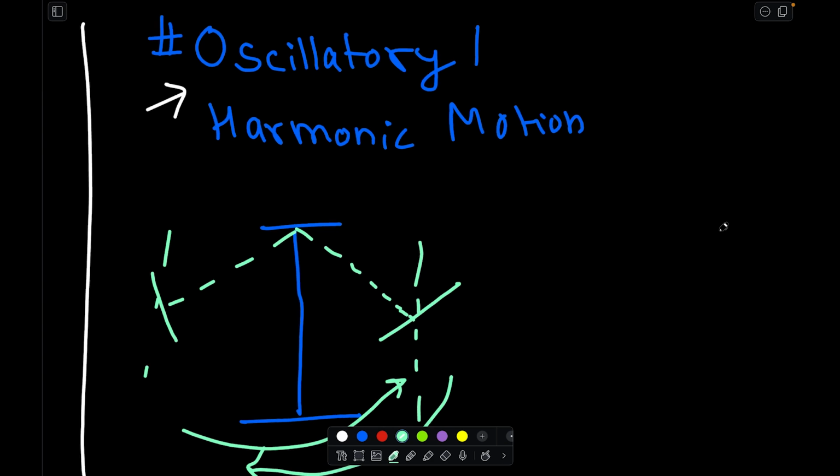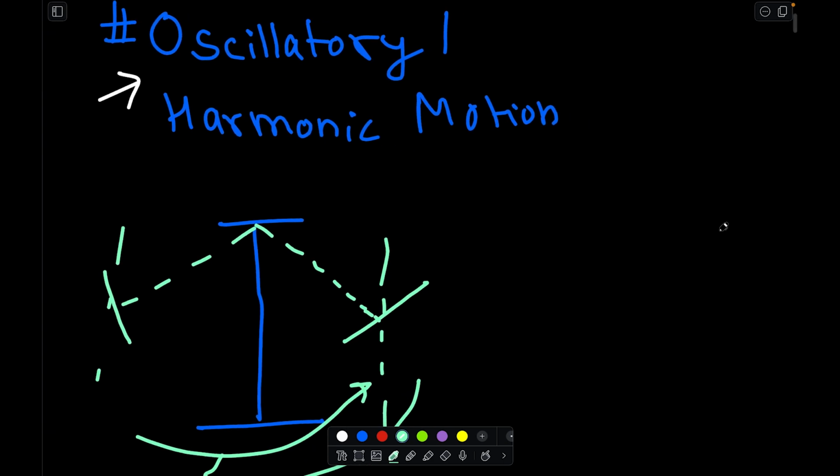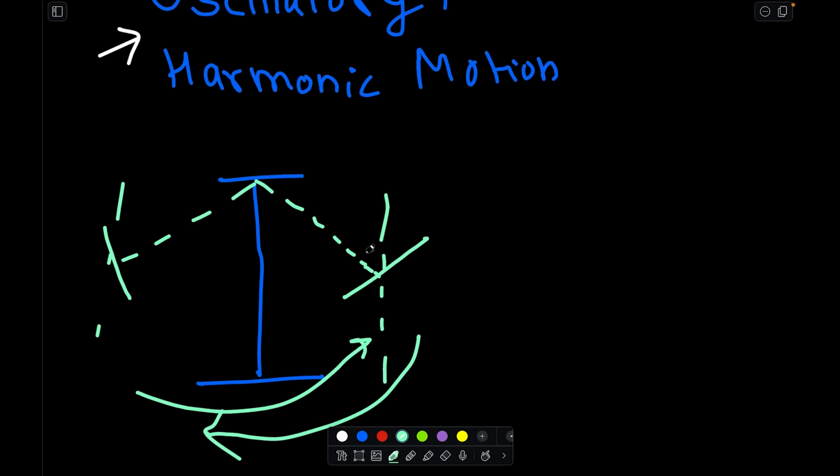Let's remove the periodic motion from the board right here. Now in this oscillatory motion, if you see the swing right here, after a certain time, if you ever experienced the swing yourself, then you'll know that the swing just slows down and eventually stops, right?